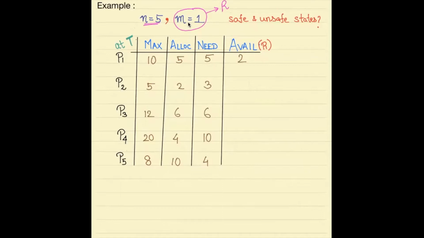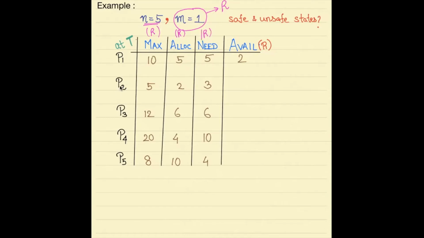M equals 1 represents there is one resource type R. Let's say P1 totally needs 10 resources of type R to complete its task. At time t, it is allocated 5 resources of type R. So how many resources will it need in future? Maximum is 10, allocated is 5, so the remaining need will be 5 more resources to complete its task.